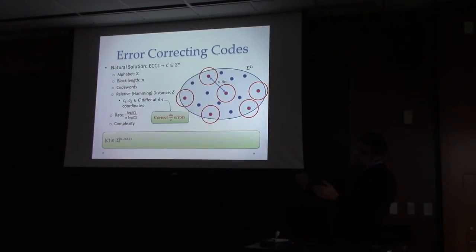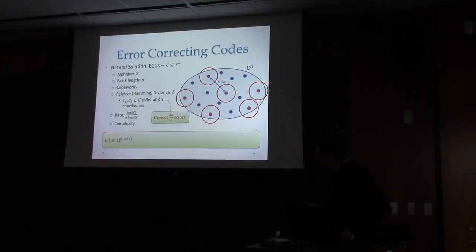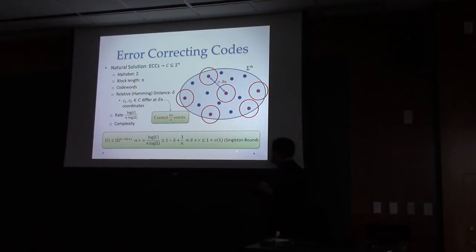So if you conceal the first n delta minus 1 symbols of members of C, what remains should be a set of distinct strings. None of those two strings can be similar. So the size of C cannot be larger than this thing. And doing some simple math, this results in a very important inequality which we will refer to as the Singleton bound.